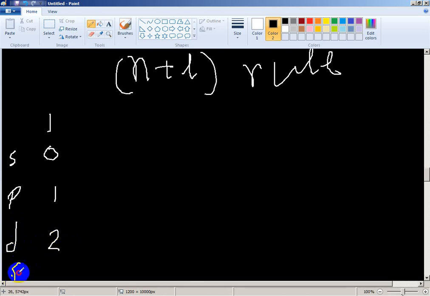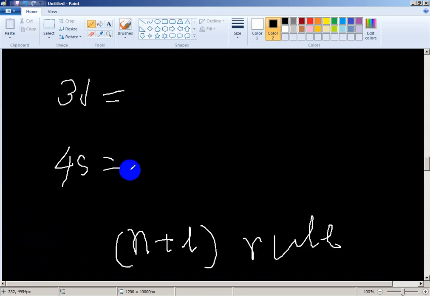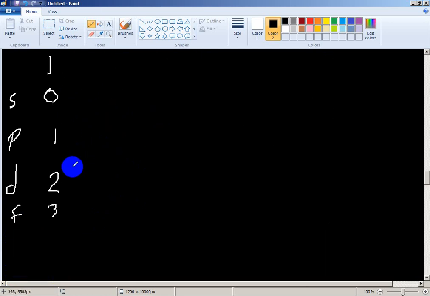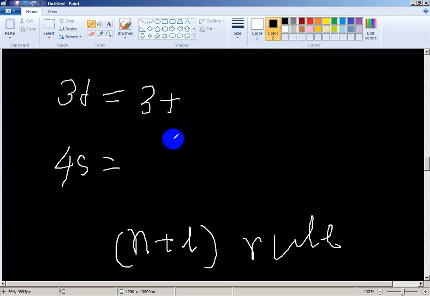For an f orbital, l value is 3. For 3d, n value is 3 and l value is 2, so total energy is 5.